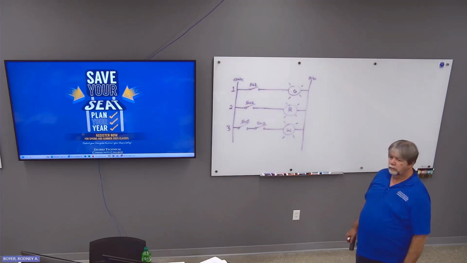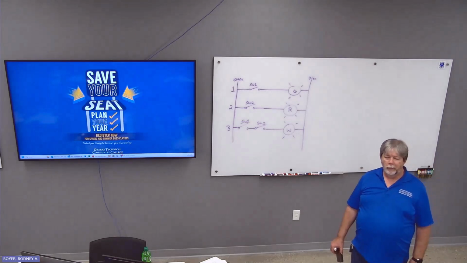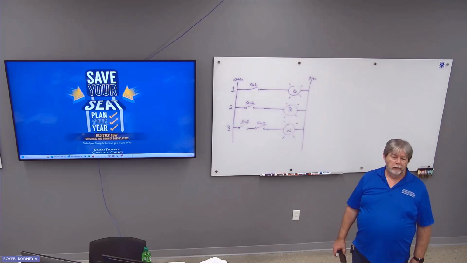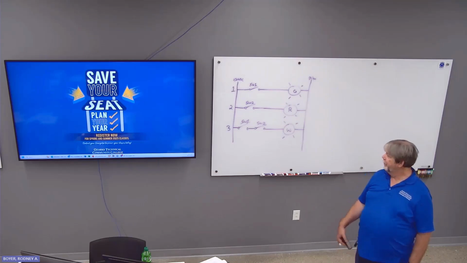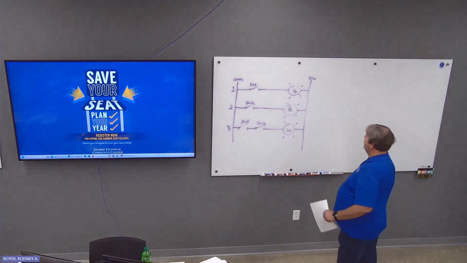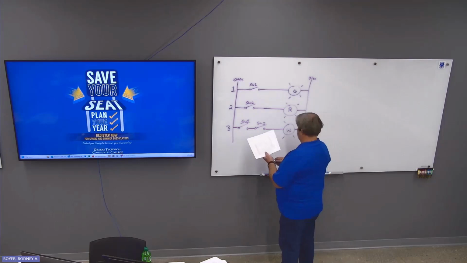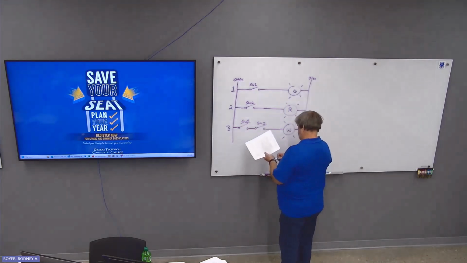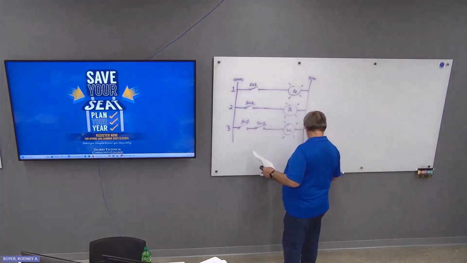Is that just redundant too much? M1 would suggest motor. We want you to do CR, a control relay. Okay.